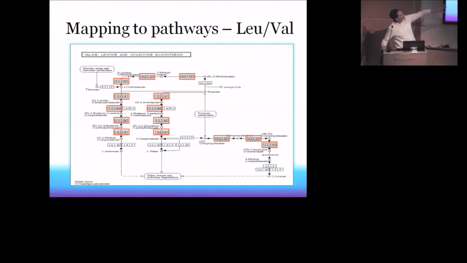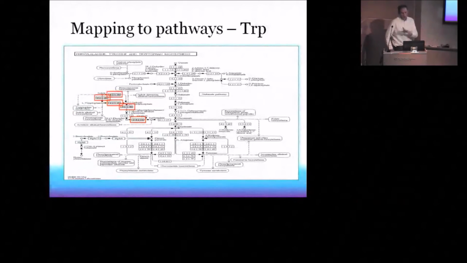But everything else is quite cohesive, it's connected. So our method is saying this is a module, and KEGG is saying, yeah, maybe it is, right? It's a cohesive set of proteins with a weird distribution that also happens to have a lot of functional cohesion. Tryptophan synthesis, a smaller part of that, similar story. It's not perfect, but it's pretty good.